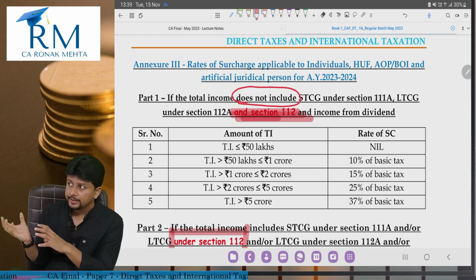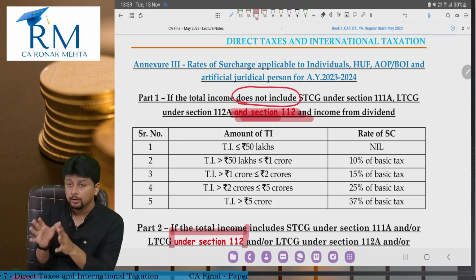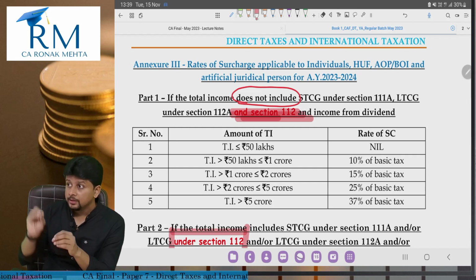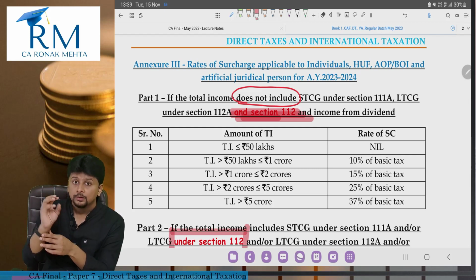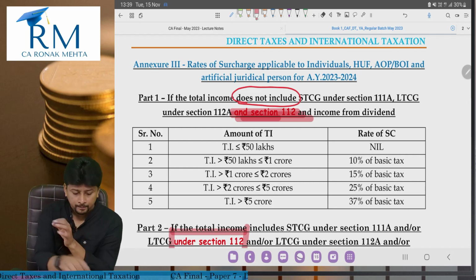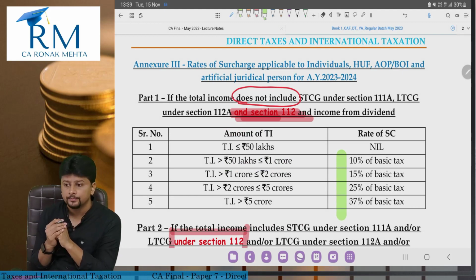So there is a lot of foreign investment, and for those types of capital gains, we are restricting the rate of surcharge to 15%. Normally, the rate of surcharge under normal circumstances is 10%, 15%, 25%, 37%.